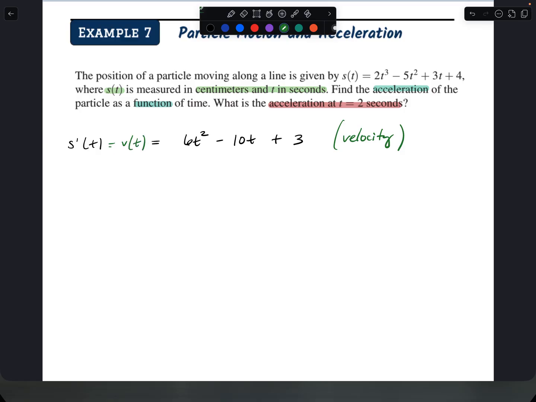Now, to find the second derivative, s double prime of t, that's going to be a of t. And a of t is the same thing as derivative of velocity. So they're all the same thing. Power rule. Power rule, this guy is going to be 12t minus 10.